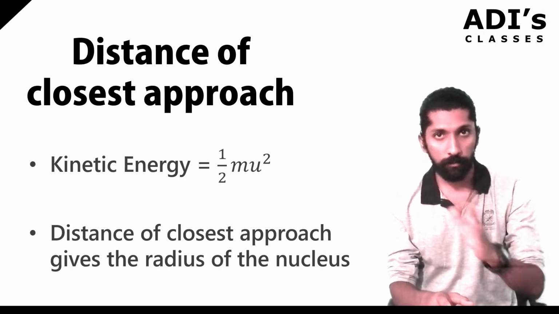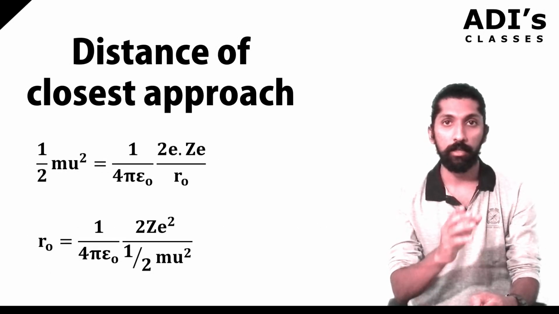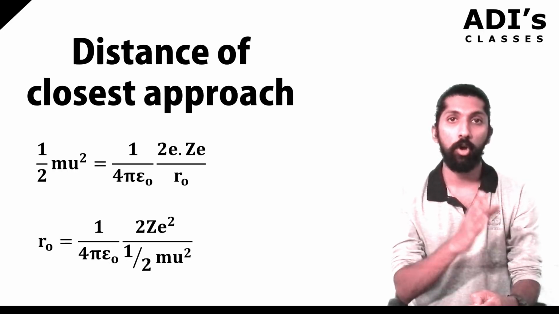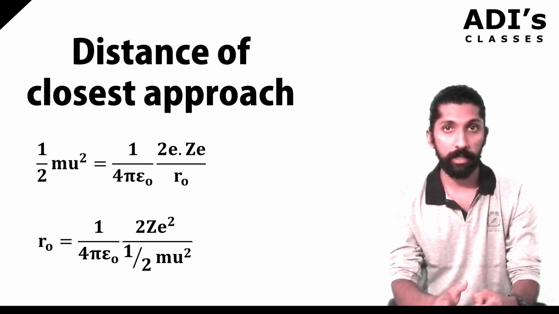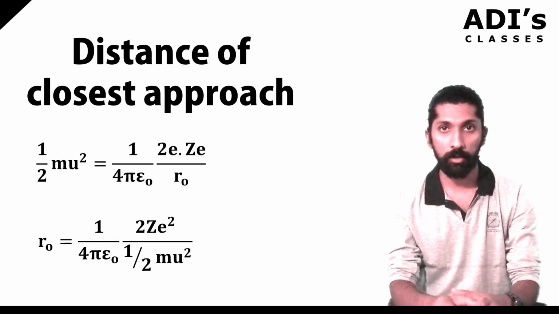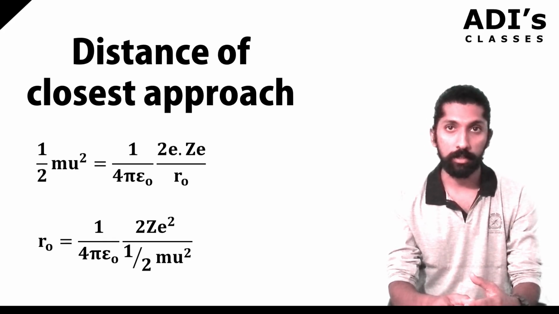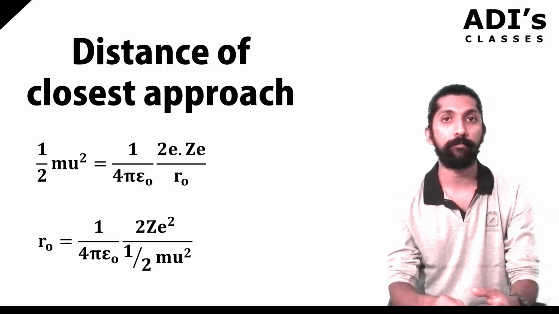Okay, let's look at the formula one more time. We have half mu square equals 1 by 4 pi epsilon naught times 2e into Ze divided by r naught, correct? So r naught is 1 by 4 pi epsilon naught times 2Ze square by half mu square, right?